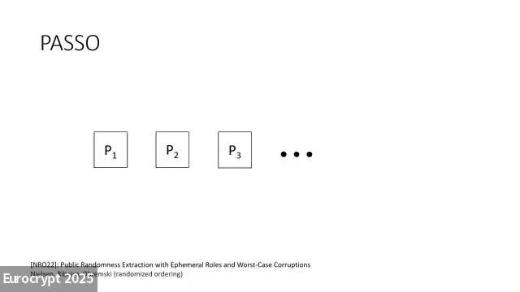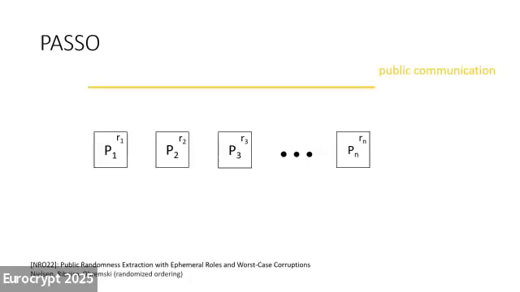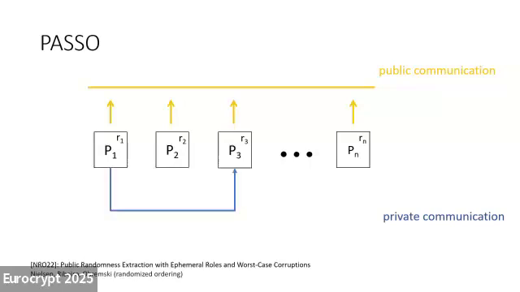So parties P1 up to Pn speaking one after another. Each of these parties has its local source of randomness. And finally, each party can simply publish a message to the broadcast channel. And additionally, a party can also send private messages to future parties. So sending messages backward is not allowed. The adversary can corrupt up to T out of these N parties.